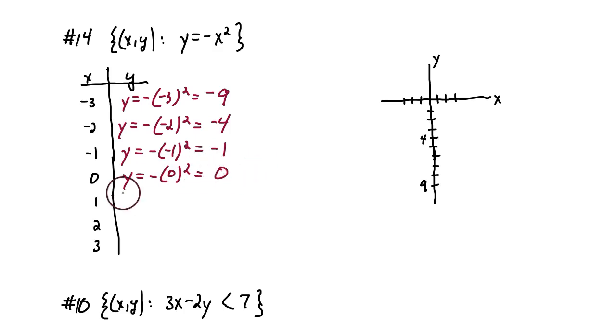This one makes 0. This one makes -1. I think I see the pattern starting to develop.